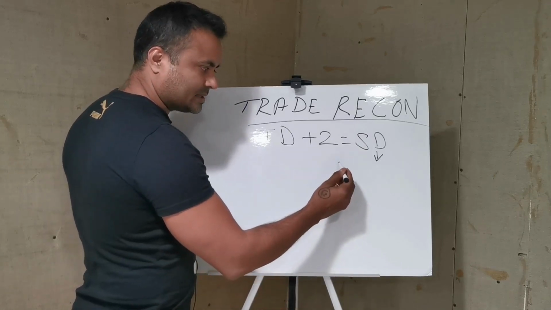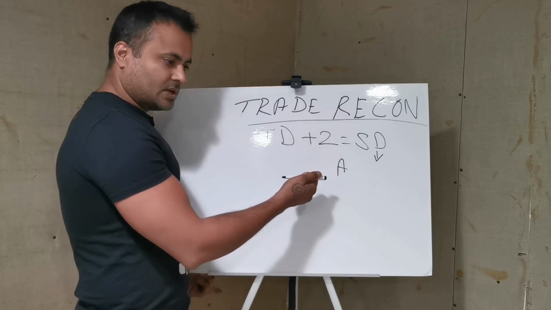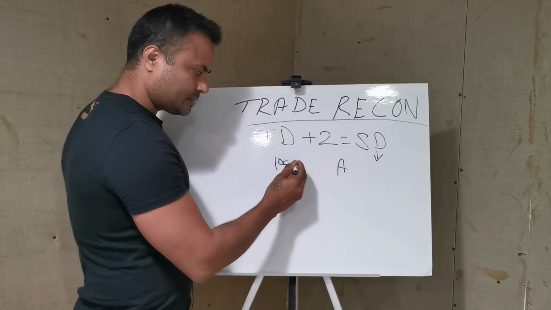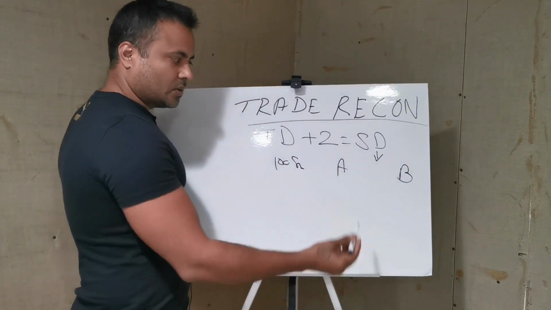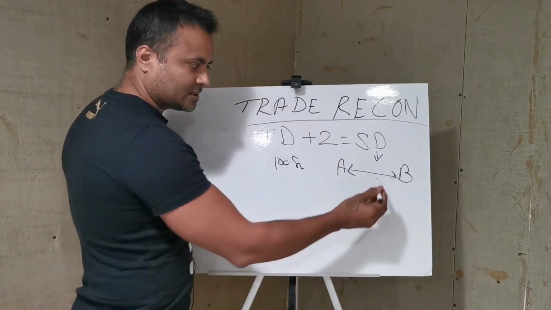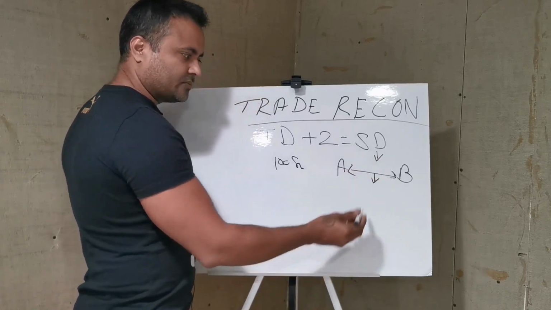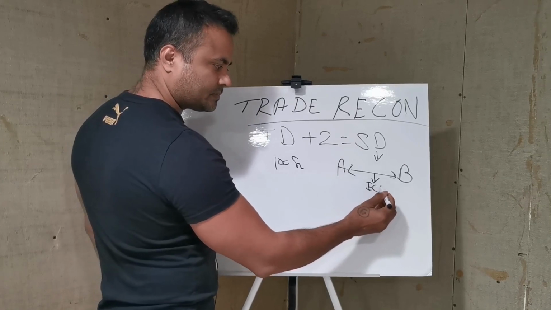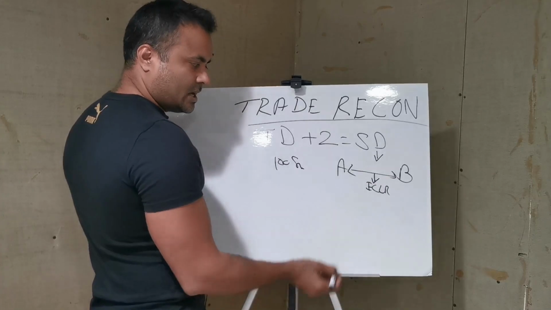One is A, that is me, who is sending those 100 shares, if you are selling those 100 shares to counterparty B. It doesn't get directly settled with them. Someone is involved in between, for example Euroclear. So the exchange of trade happened, the trade settled.